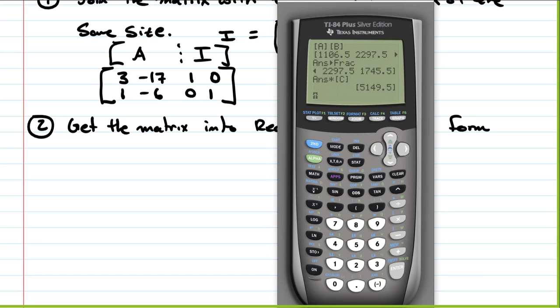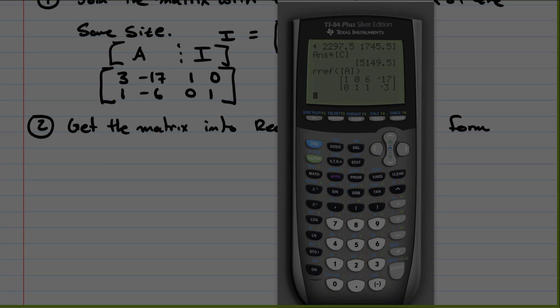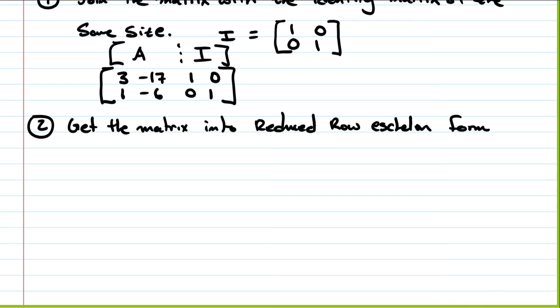So then we go second matrix, go over to math, and we go all the way down to RREF. And then we select our 2 by 4 matrix A. And after we RREF our matrix, we end up with the following.